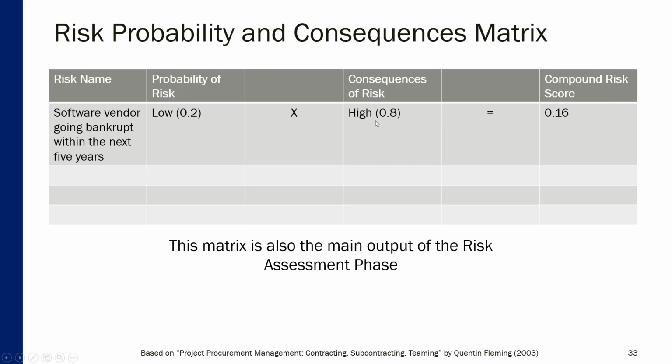However, the consequence can be very high, estimated at 0.8 or 80%, because if this happens and your project relies on one particular vendor to build a particular IT solution, then once the vendor goes bankrupt, it messes up the entire project, and you're not likely to succeed with the project as a whole. So that's why the compound risk score is 0.16, which is calculated by multiplying probability, which is somewhat low, by the consequence, which is somewhat high.